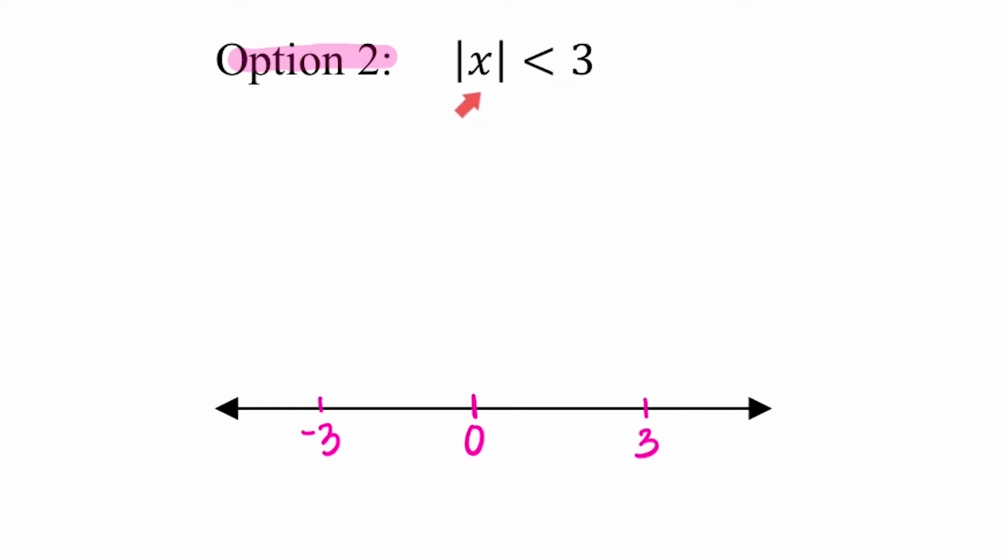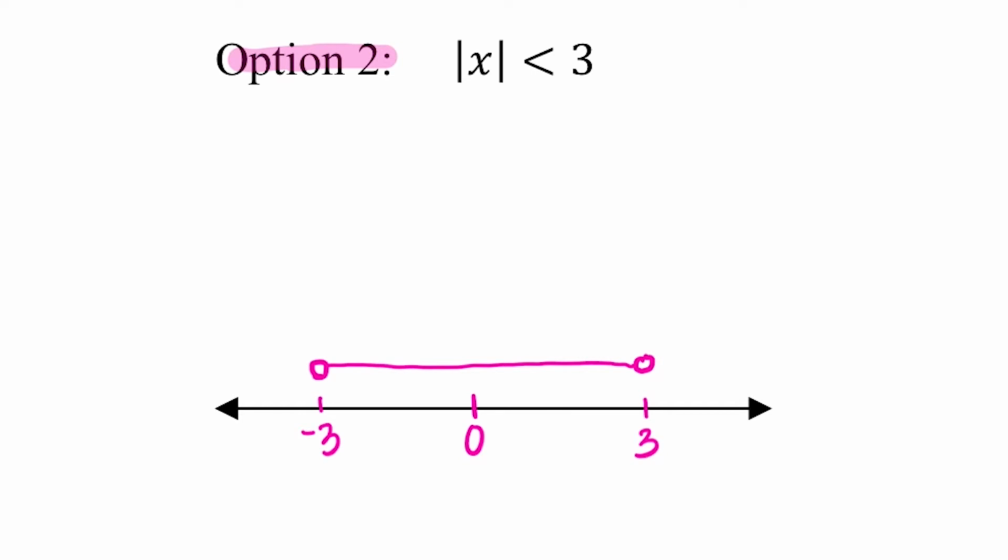If our distance from 0 is less than 3, then it's somewhere in between here in the positive direction, or it's somewhere in between here in the negative direction. So that means that 3 is the farthest we can go, and because again we don't have the equal to, our circles would be open at those values, and then our answer is between those two.